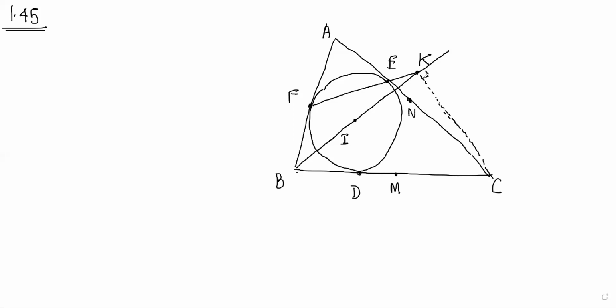We have to show that this is 90. Then show K lies on line MN. First BK perpendicular to CK, then M, N, K collinear.